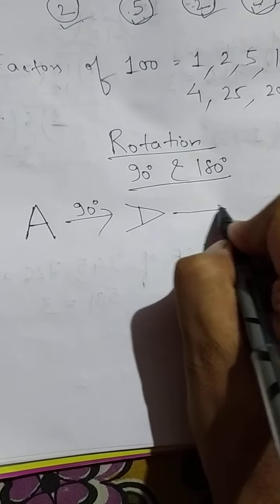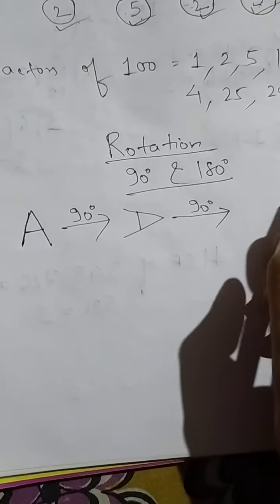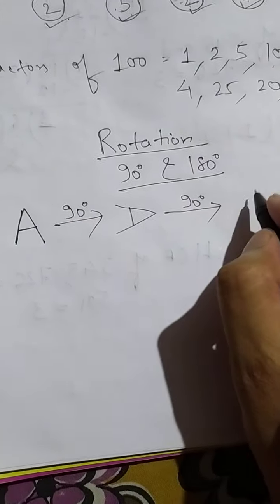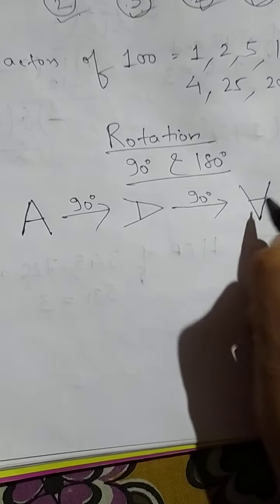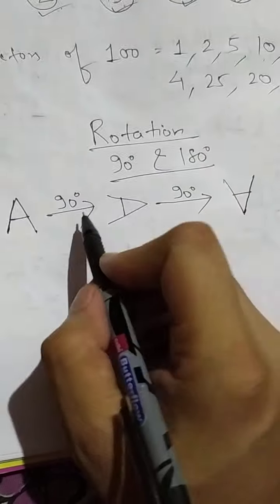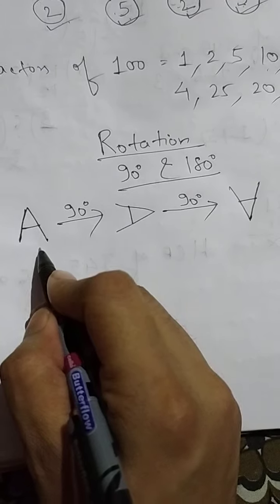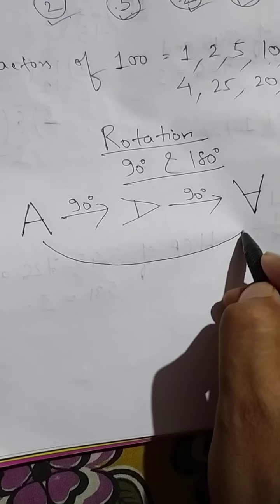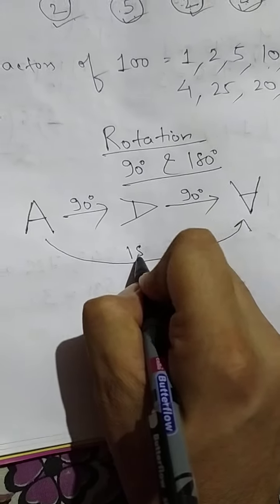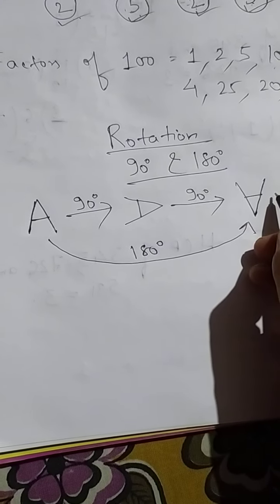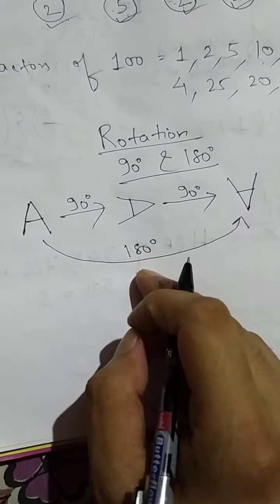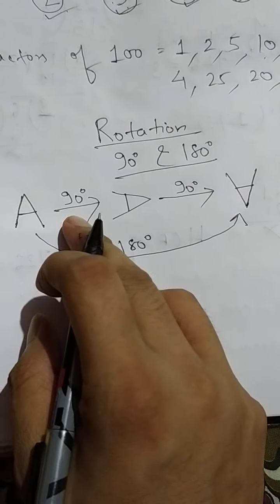And again if you rotate by 90 degree this way, it looks like this. So 90 plus 90 is 180 degree. So this A after 180 degree turn will look like this.